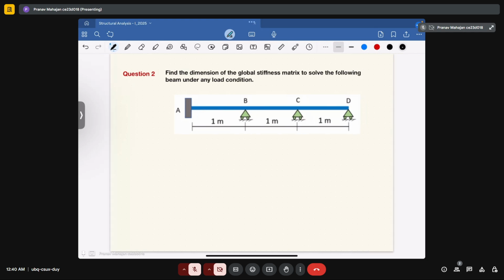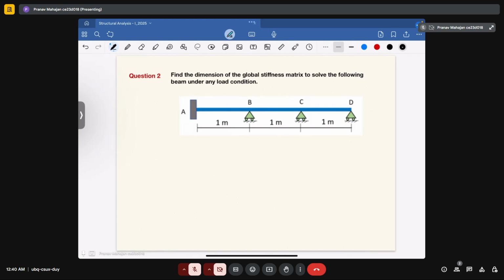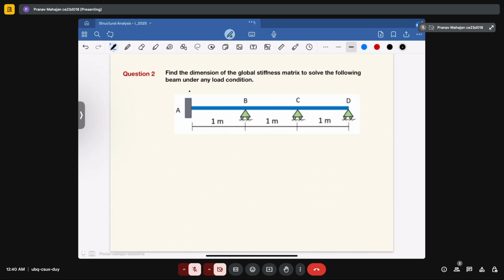So in this case, if you neglect the, so in this case, you can see that degree of freedom in this structure will be at A, it will be like this.